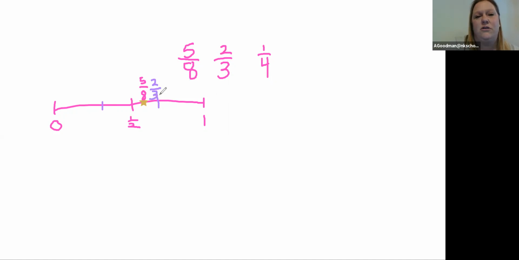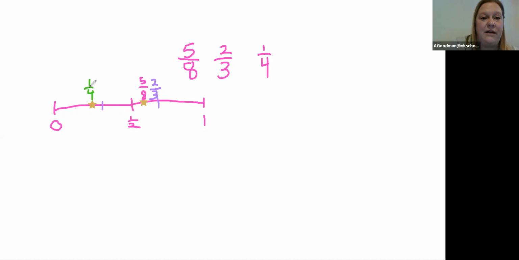Okay, 2/3. And then 1/4, again, half is the same as 2/4. And so 1/4 is going to be a little less than 1/3. So I'm going to put it in a different color. A fourth is probably going to be right between 0 and 1/2 right there. So here is 1/4.